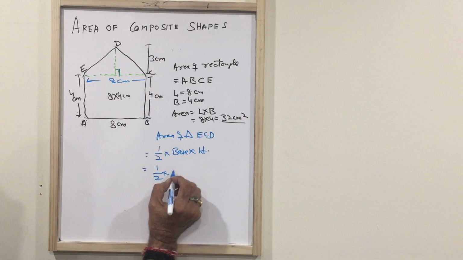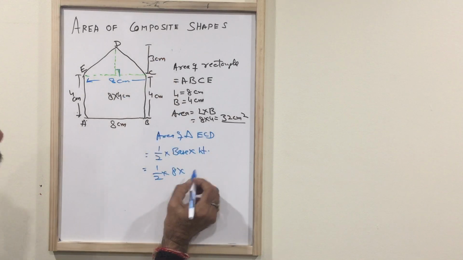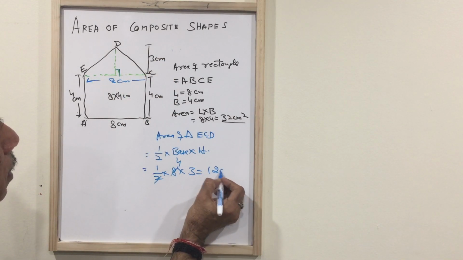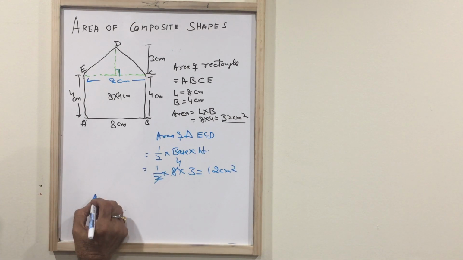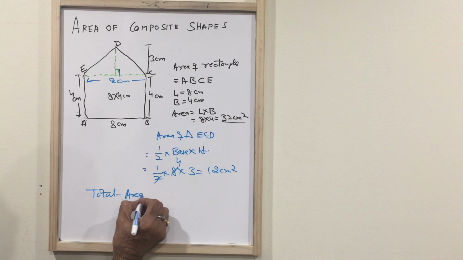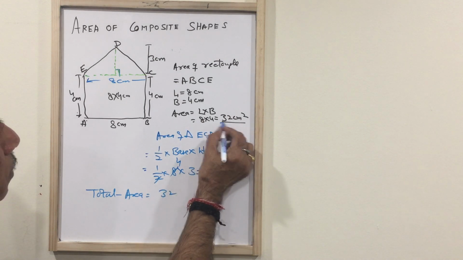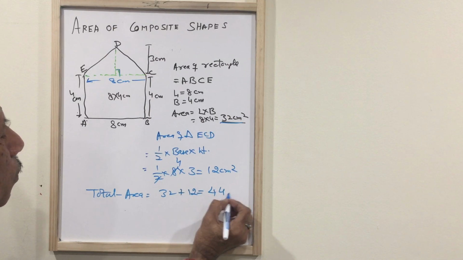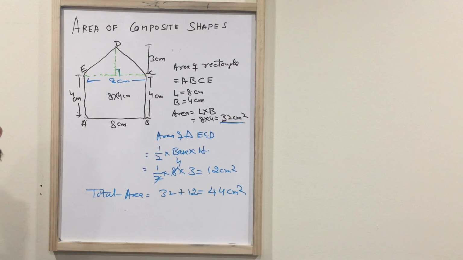So half into base is 8 and height is 3 centimeter. So we'll cross it, it is 12 centimeter square. We'll add both values, so total area is equal to 32 plus 12 is equal to 44 centimeter square.